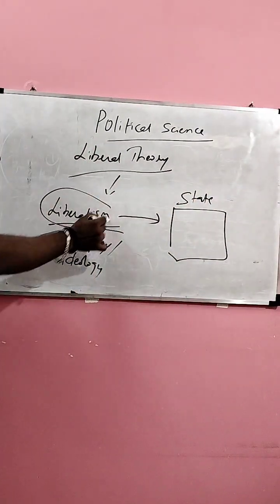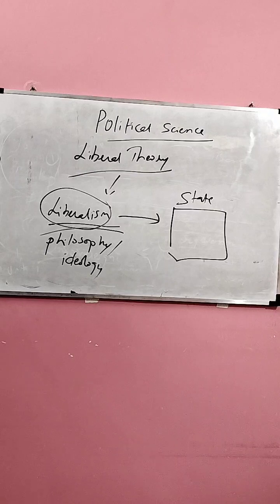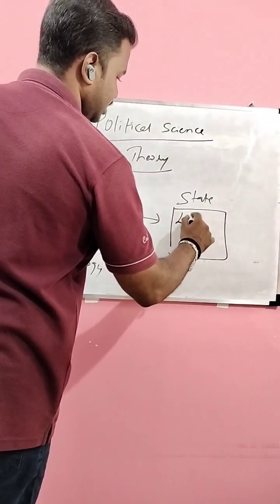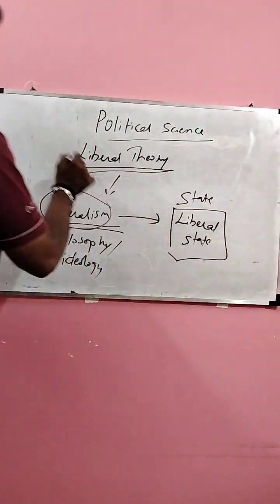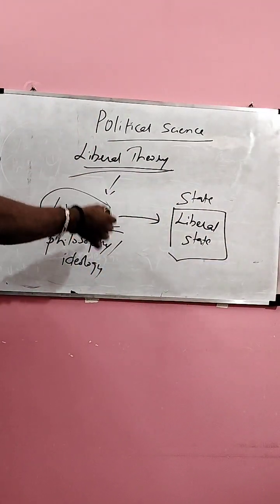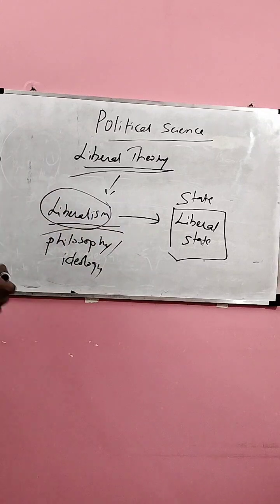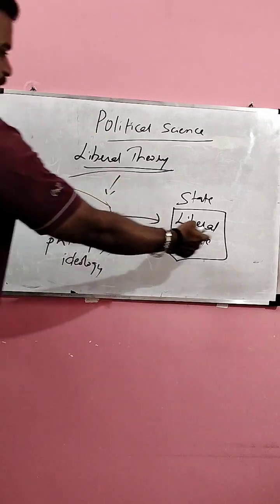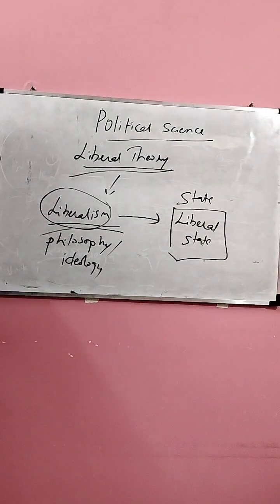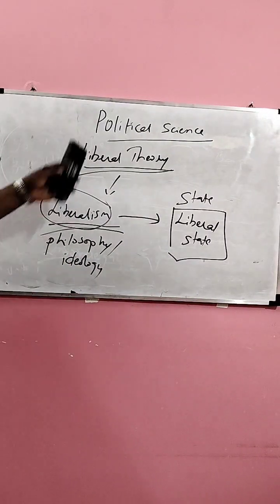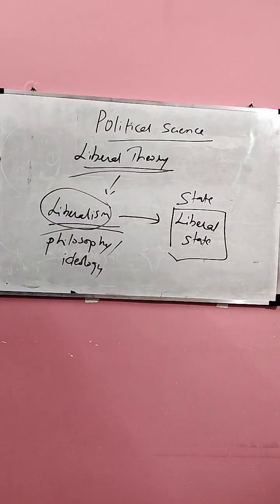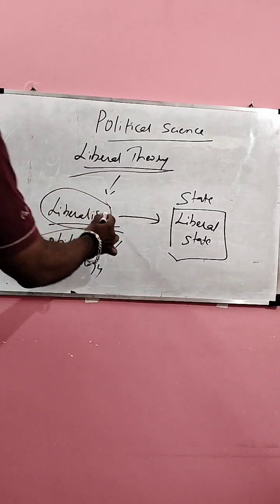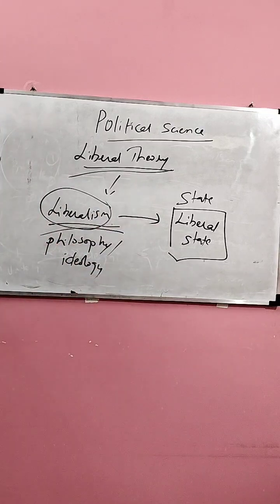When the philosophy liberalism is applied with the institution state, it becomes a liberal state. As already studied, theory studies the relationship, interplay between philosophy, which contains ideas, concepts and values, with respect to institutions, power, behavior and so on, right? So this is a relationship between liberalism and the state, which is the liberal state. Now let's have some insights into liberalism so that we can understand the liberal state better.